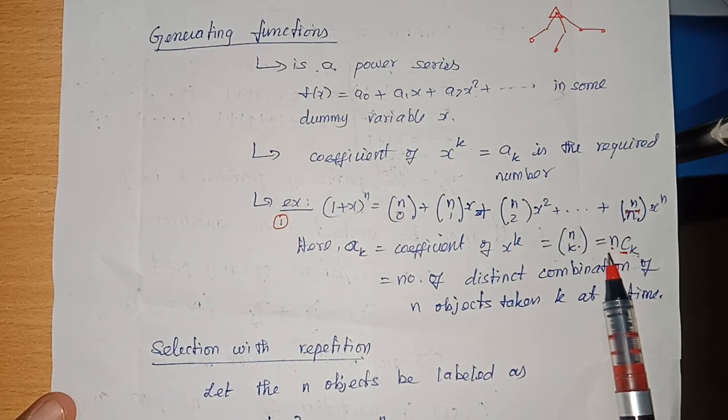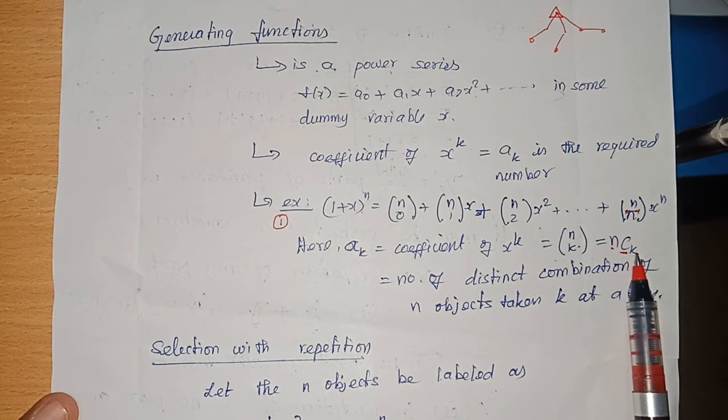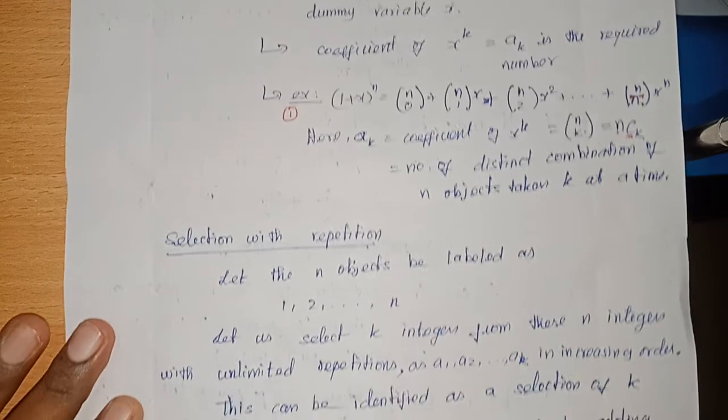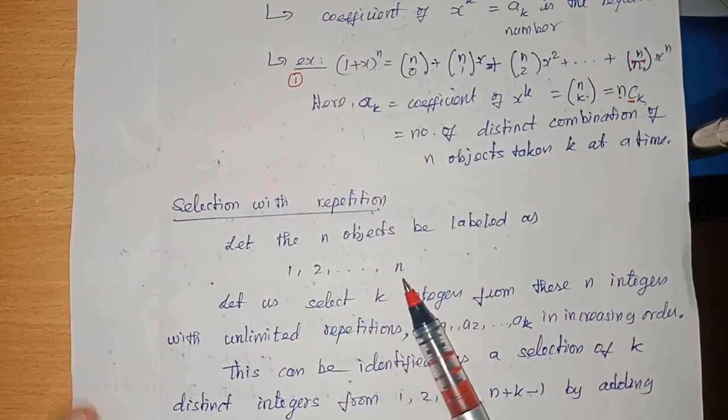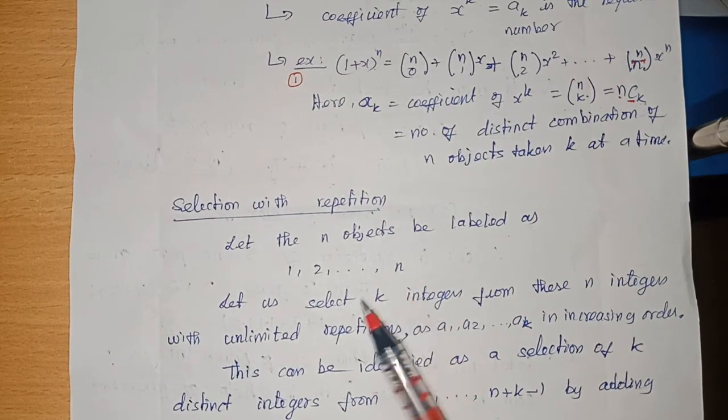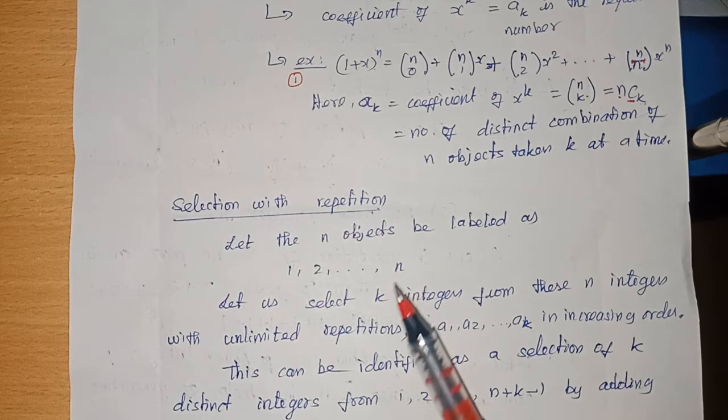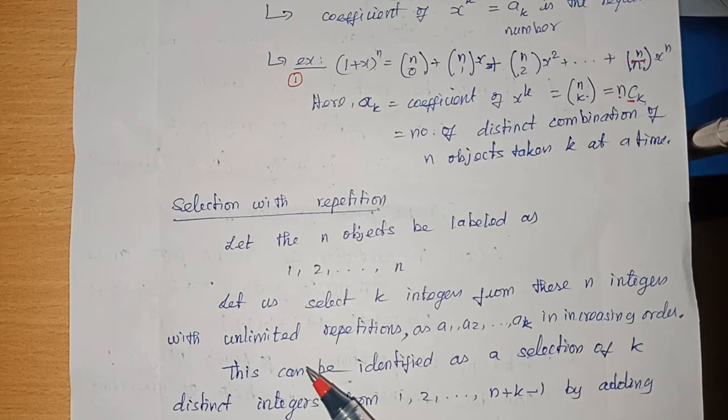And this one doesn't hold for repetition of objects. Suppose for example, I am having n objects. I can select the objects that are taken already. I can repeat the objects. I can allow unlimited repetitions.